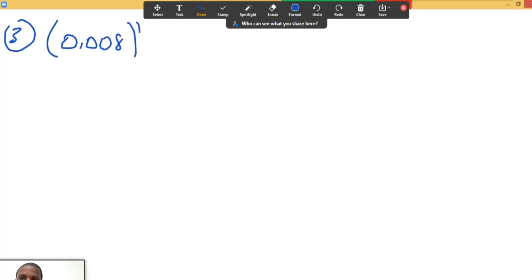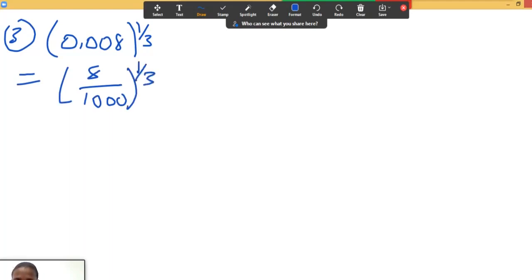In this case we have 0.008 to the power 1 over 3, and we can write this as 8 over 1000. So we're changing it to a fraction to the power 1 over 3, and we need to change our 8 to 2 to the power 3 all over 10 to the power 3, all to the power 1 over 3.